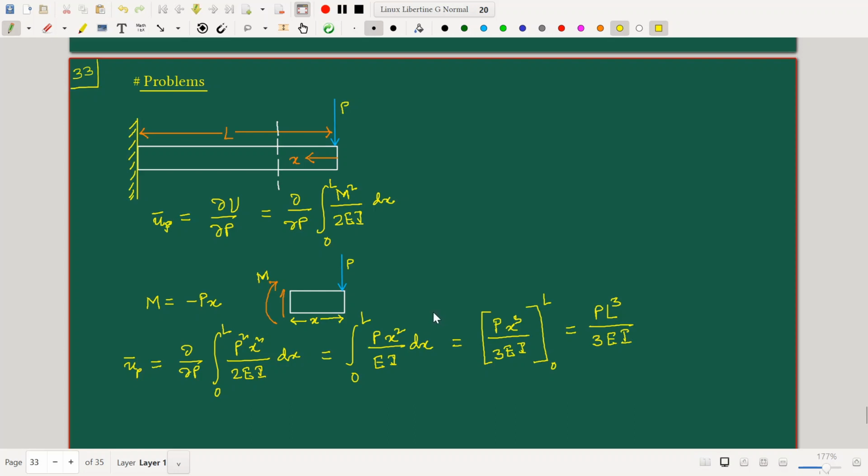Now we can go to a slightly more, let's not say more involved, but slightly different kind of problem. So a simply supported beam. We'll try to gradually see more and more involved examples. So again a beam, but this time simply supported.